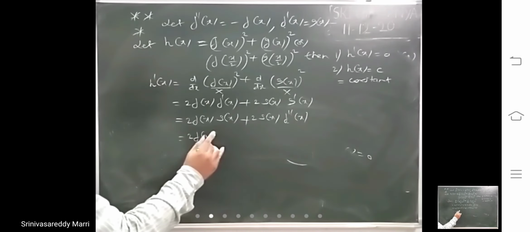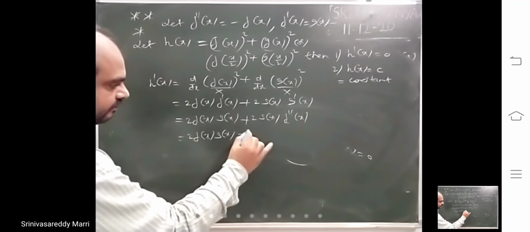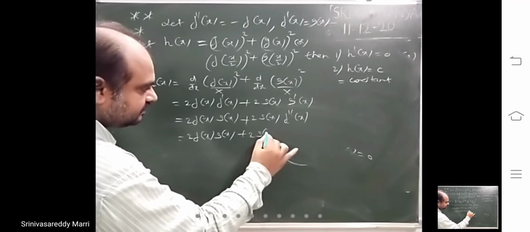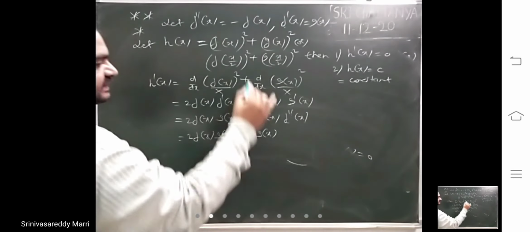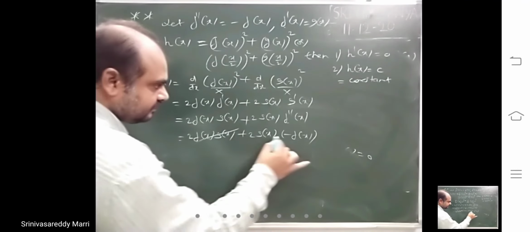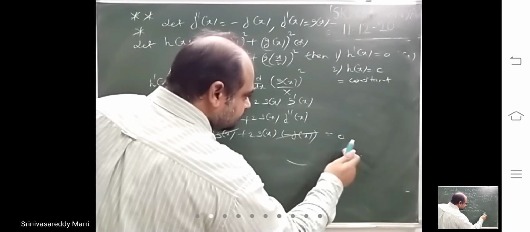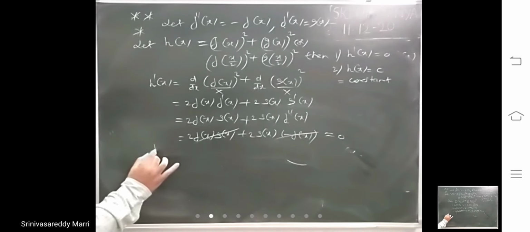That means plus 2 into g of x. And f double dash x is given as minus f of x. That means you got h dash x equal to 0.